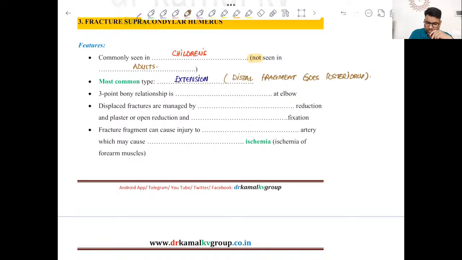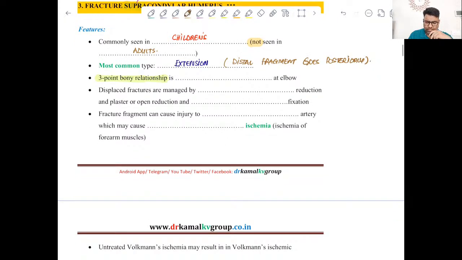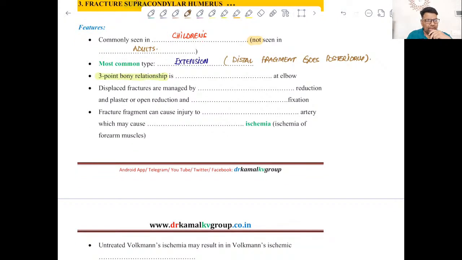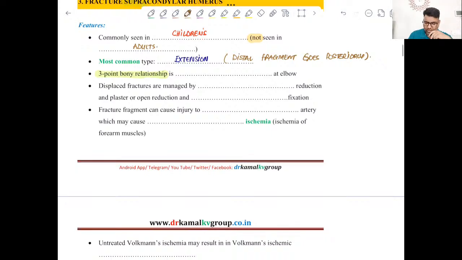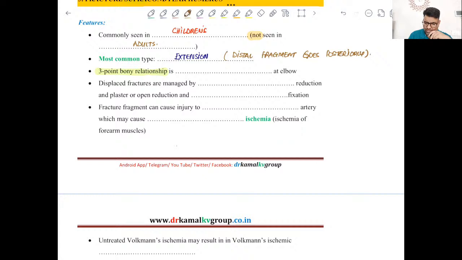Now there is one 3-point bony relationship, and here the bony landmarks which are included in these 3 bony point relationship are the 2 condyles. So one is, you can say, medial condyle, right? Then on the other side is lateral condyle.